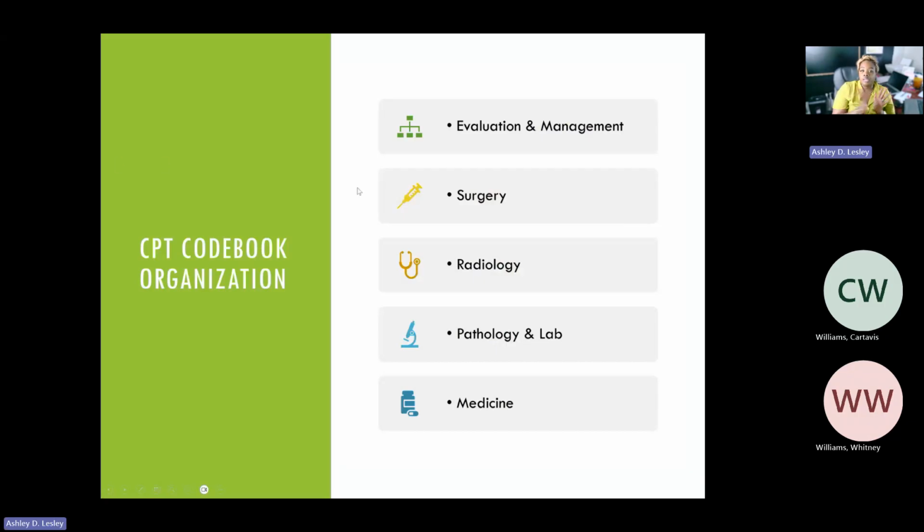All right. So your CPT code book, and I normally have one that sits beside me, and today I don't. But you do have different chapters. You have the evaluation and management chapter. This chapter is for mostly office visits and your hospital visits. So these are your evaluations from your physician.